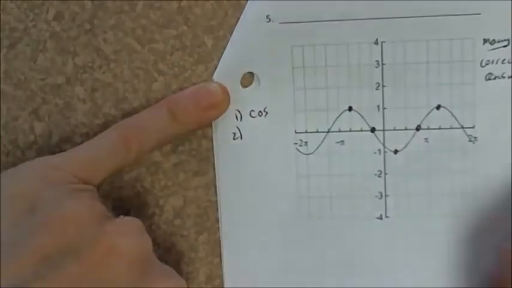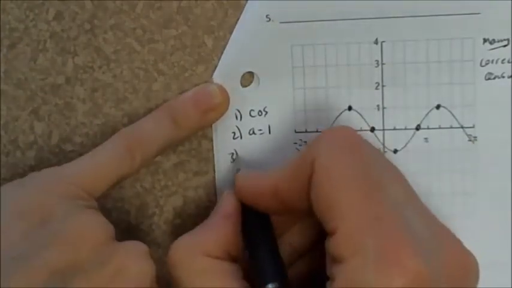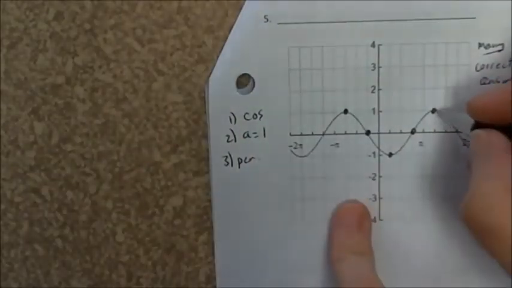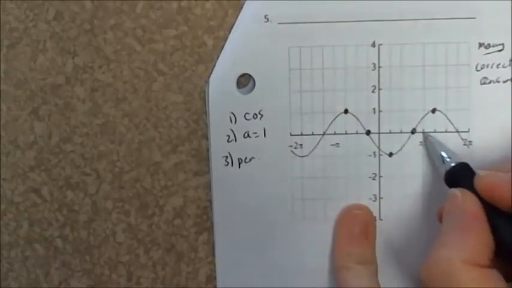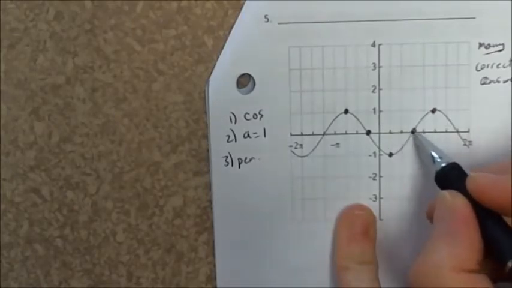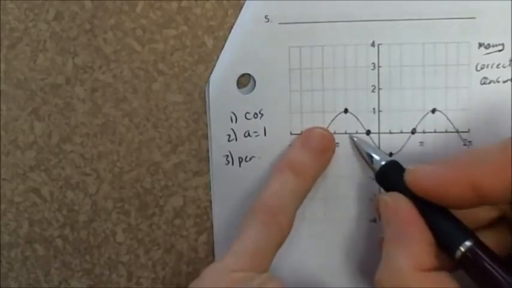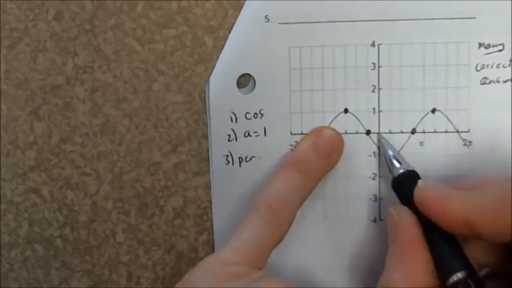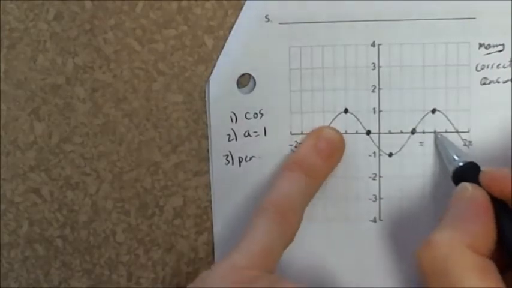Step 2 says what's the amplitude? Well, the highest point is 1. Step 3, what is the period of this graph? Well, how long does it take to get through a full cycle? What we have here is this is pi. This is divided up into 4, so this is 1/4, 2/4, 3/4, and 1 pi. So in order to get from here to here, we go 1/4, 2/4, 3/4, 4/4, 5/4, 6/4, 7/4, 8/4 pi.